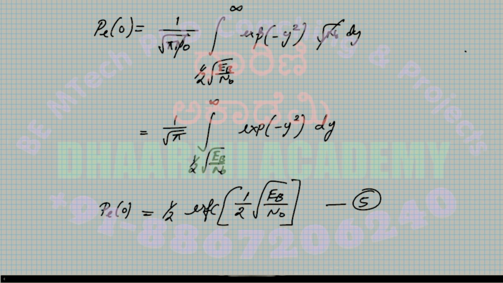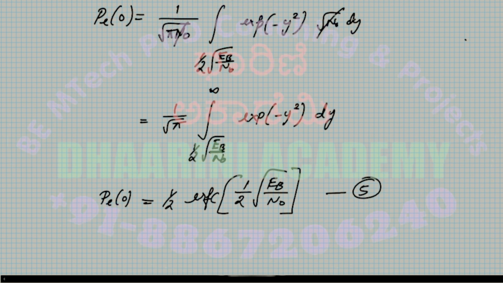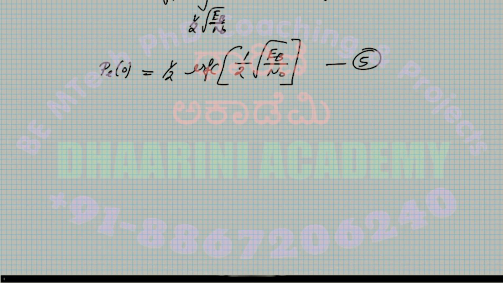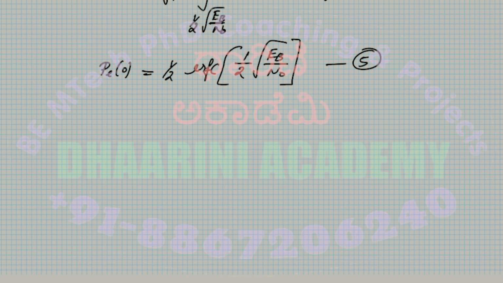Now, what is the total probability of error is my question. It's not just the probability of 0 or the probability of 1. To calculate that, symbol 1 occurs with the probability P of 1, and symbol 0 occurs with the probability P of 0. What is the probability of generating the symbol 1 on the receiver side? We have no idea, so we call it the equiprobable case.